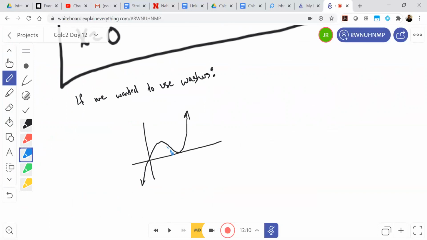It's this region here. But remember, the setup for washers was as follows. We made slices that were perpendicular to the axis of revolution, like this. And then we had to figure out, in the revolution piece, here's this revolution piece. If we took this disk and we just sort of looked at it off to the side, let's look at it off to the other side.